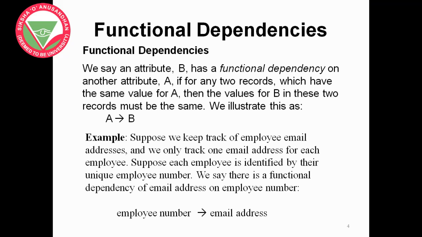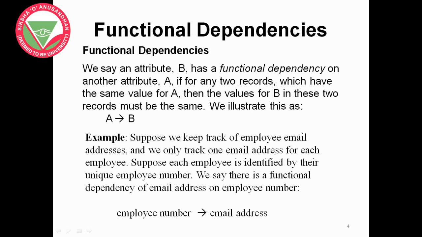Next we are going to discuss about functional dependency. Now functional dependency is a very important concept so that we can understand the different normal forms. Now functional dependency, as we have taken an example here, let us say there are two attributes A and B, and for example let us say A is the primary key in this relation.